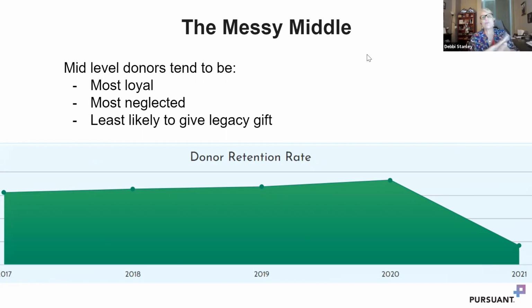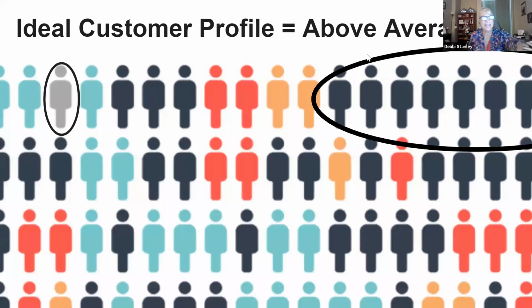There's report after report talking about mid-level giving, the messy middle, I think they're calling it. I think one of my folks here went to a webinar where we talked about the messy middle. Mid-level donors, actually, I'm going to go back. This guy right here, when we got circled, he gets all your love, all your attention.